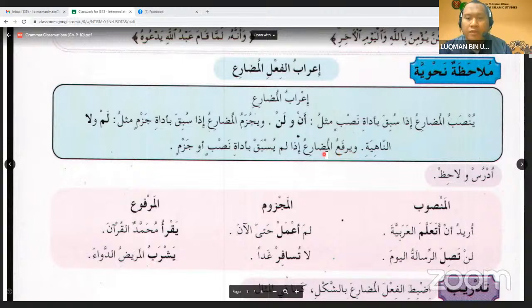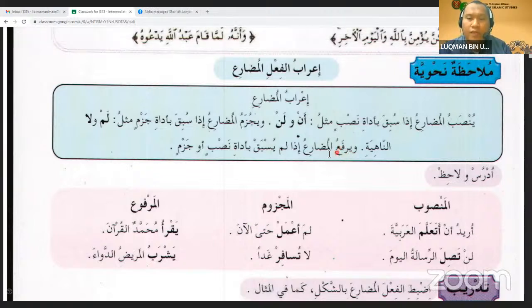And it becomes marfu', nominative case, when it has not been preceded by any tool of nasb and jazm. So meaning it's in default form, no other tools or particles preceded it.